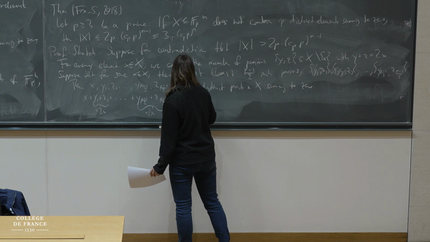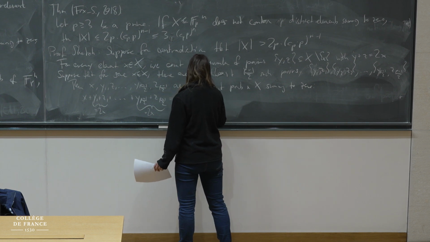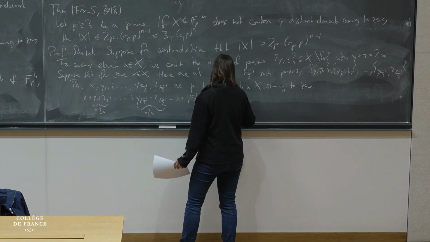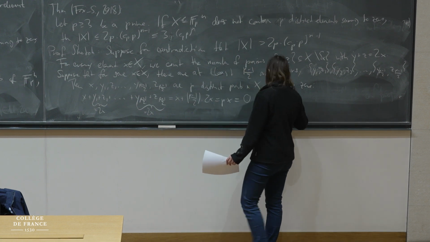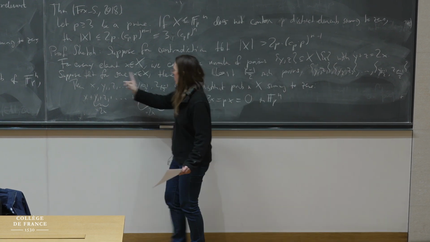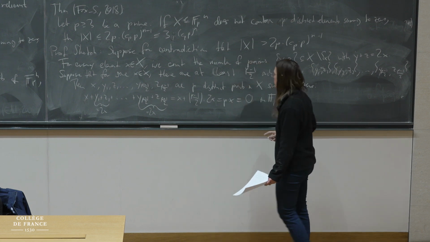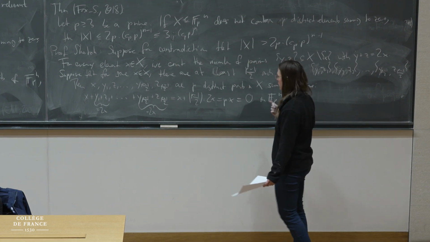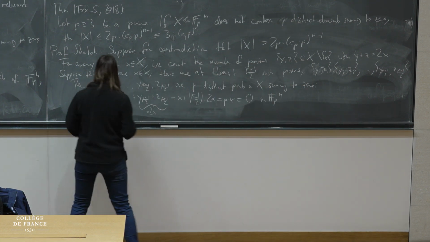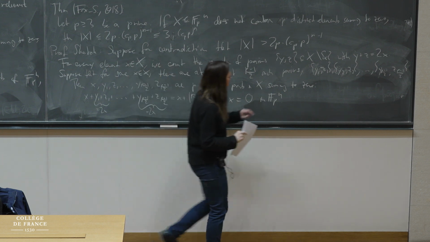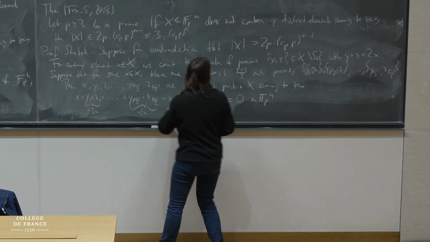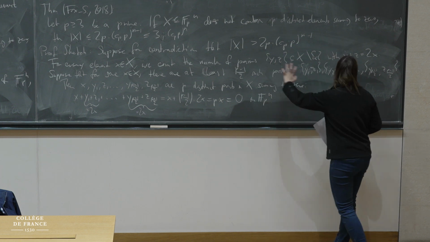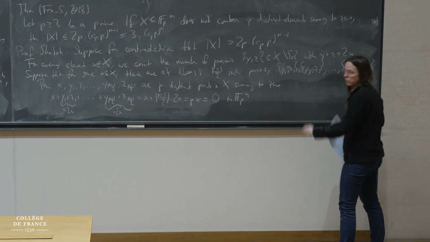So it's x plus (p minus 1) over 2 times 2x, which is px, which is 0 in F_p to the n. So indeed, all of those p vectors do sum to 0 in F_p to the n. And you can also check that they're all distinct, because these y's and z's were all chosen in X without x, so x is distinct from all the other ones. And then those two must be distinct from each other, because otherwise all these three things would be equal.